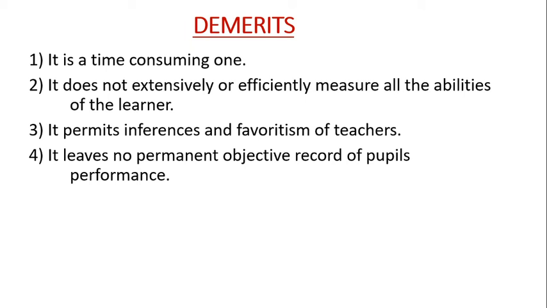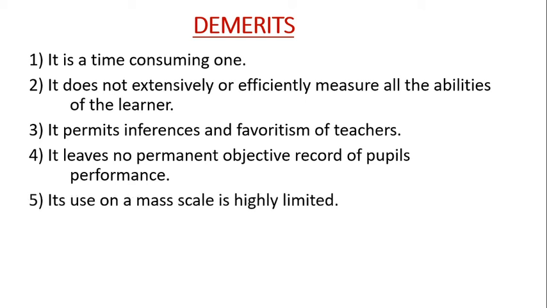If the teacher asks the student, they will tell the answer, but whether it is right or wrong, only at that moment the teacher knows, and there is no record or evidence for that, unless they use a tape recorder or some recording device. That is one of the demerits.